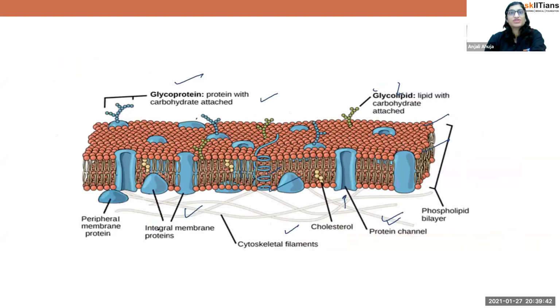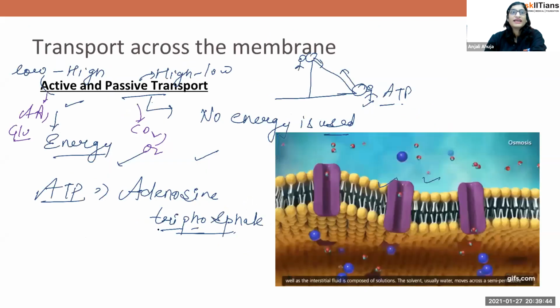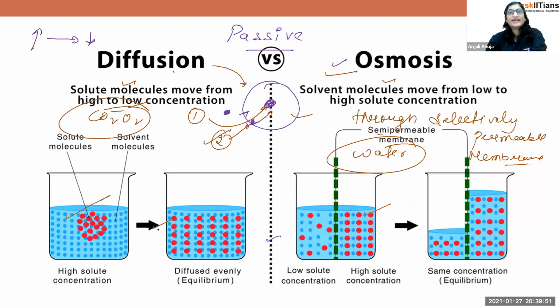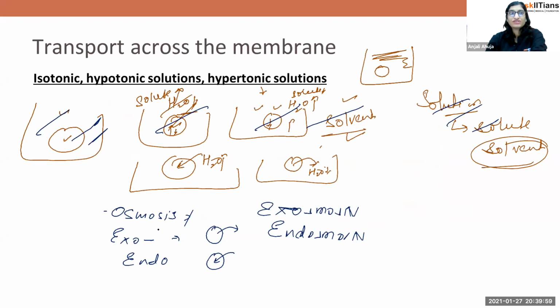And then there's another picture, and I showed you a video also. Then I explained transport across the membrane, which happens by active and passive transport. Passive is further of two types, diffusion and osmosis. After diffusion and osmosis, I explained three types of solution: isotonic, hypotonic and hypertonic solution.